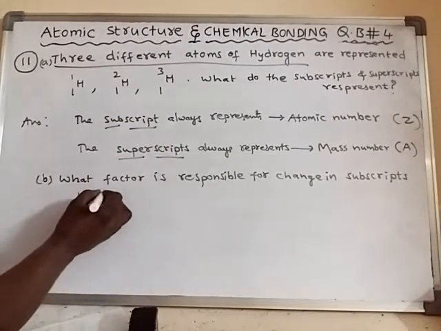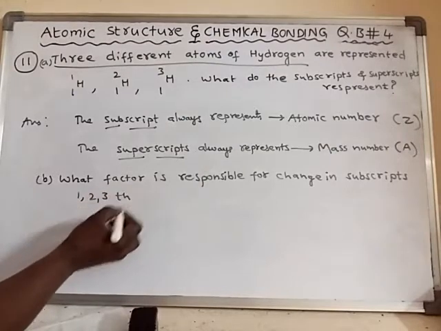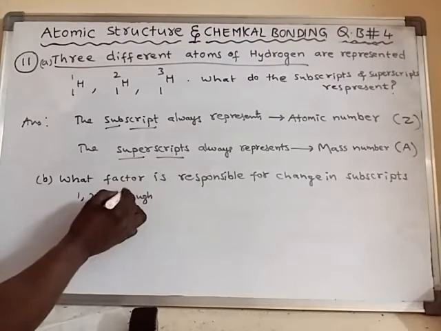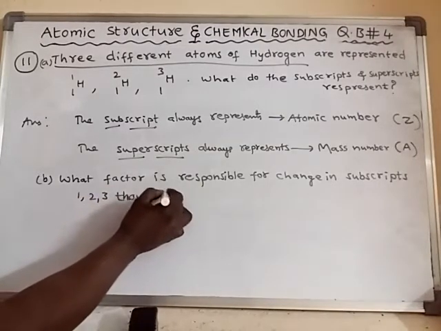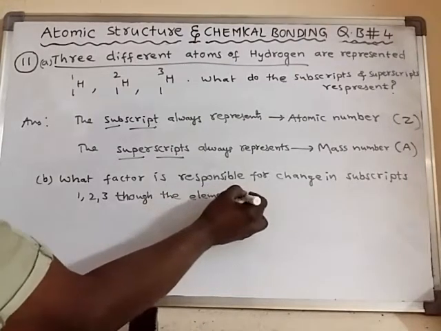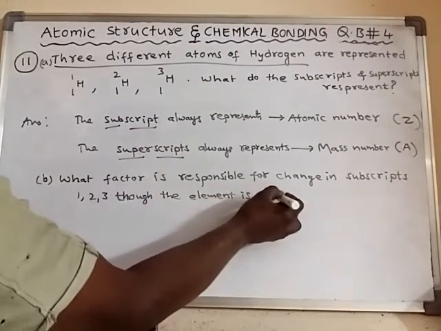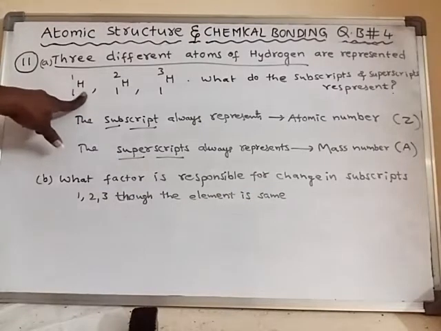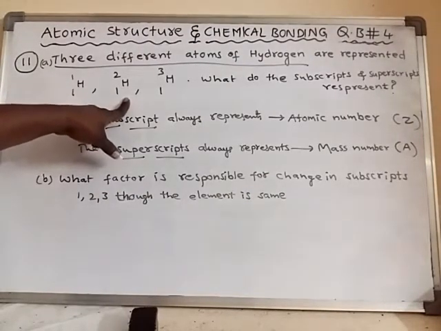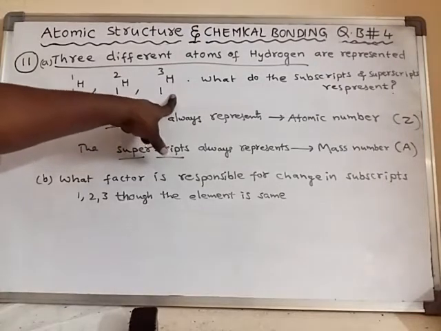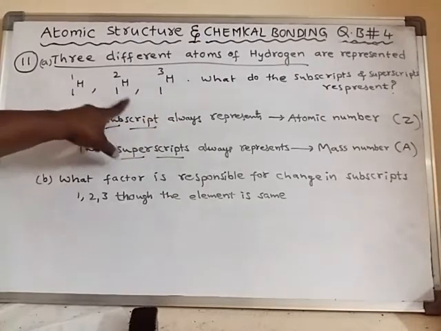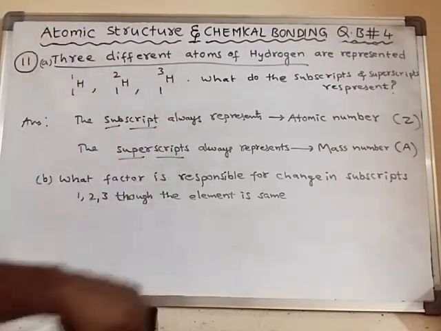1, 2, 3, though the element is the same. See, this is an atom of the element hydrogen. This is also an atom of the element hydrogen, and even this is also an atom of the element hydrogen. So these three are different atoms of the same element hydrogen.